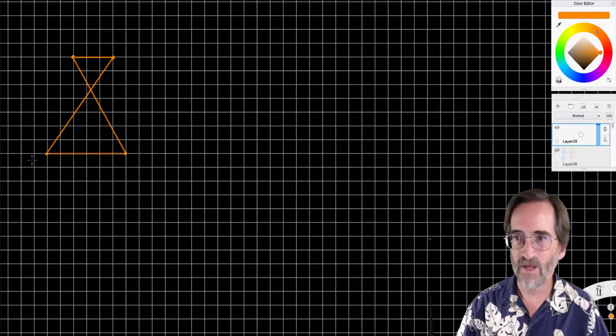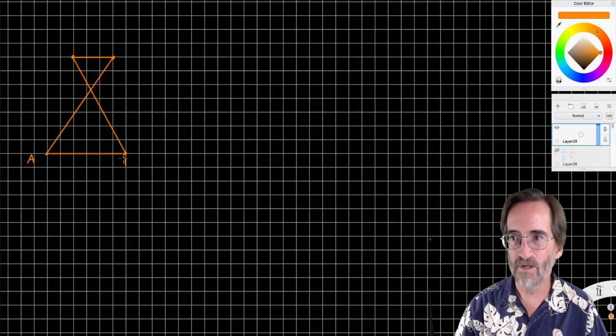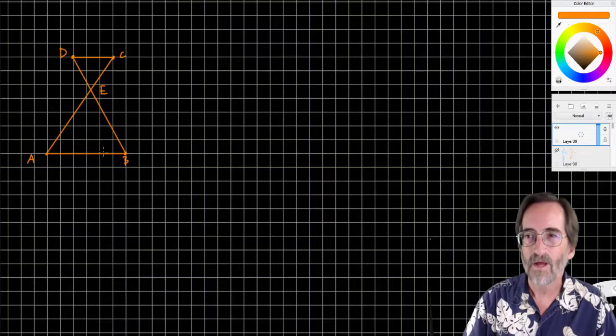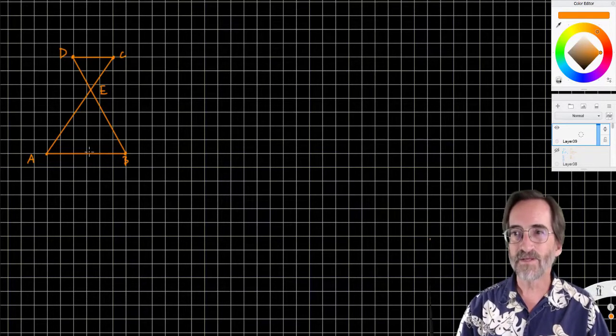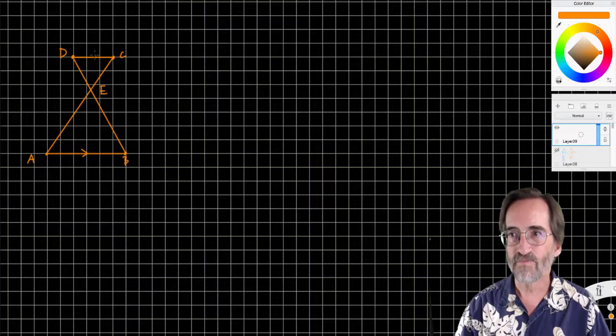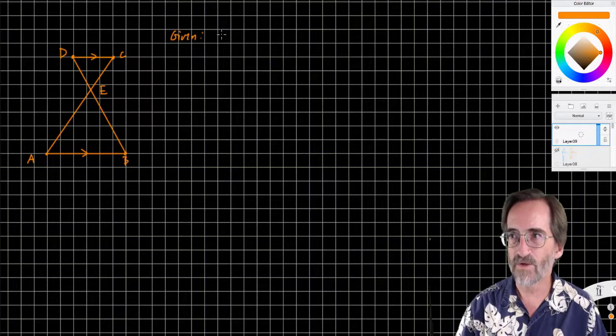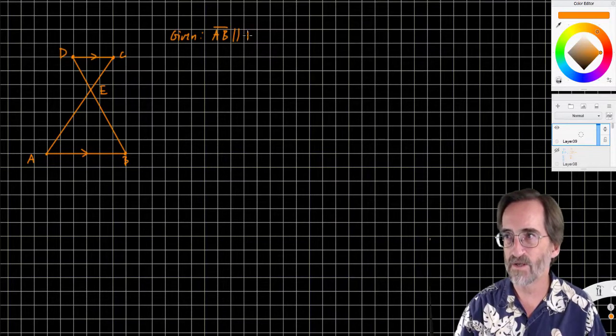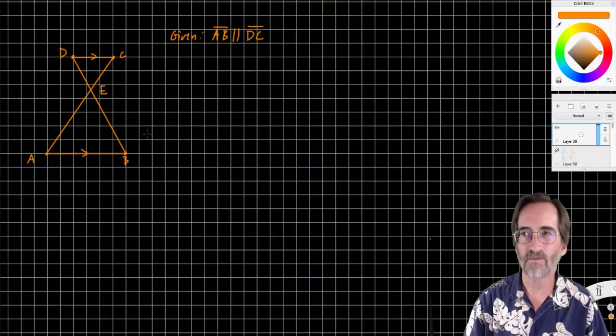We have A, B, C, D, and E. Okay? And let's say we know that AB is parallel to DC. So the given is the drawing, of course, and the fact that AB is parallel to DC.